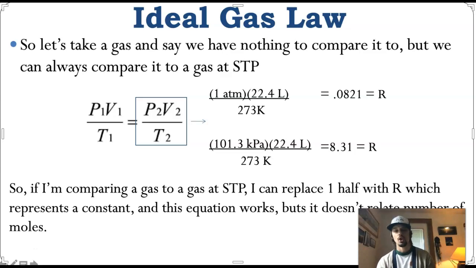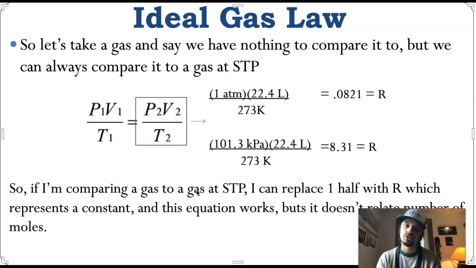Okay? So we ended the last video with the combined gas law, which we see on the screen here, hopefully looks familiar. If I'm trying to solve for P1, V1, or T1, I need my other variables. All right, so in this case, what if I don't have P2, V2, or T2? What if I don't have anything to compare it to?